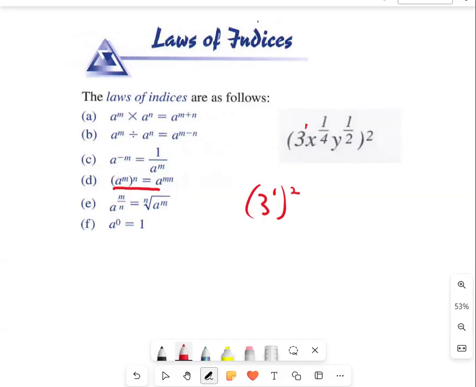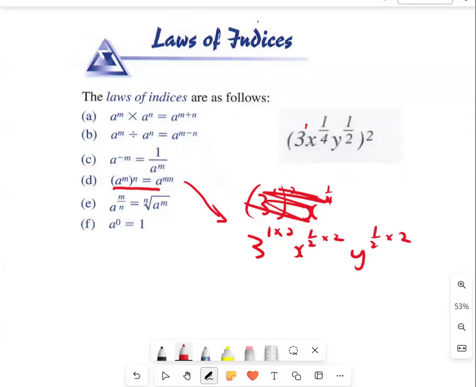All right, we got x to the quarter power, right? I don't need to put this here, but just put multiply. It's 3 to the 1 times 2, x to the quarter times 2, y to the half times 2, right? I'm using this rule all the time.